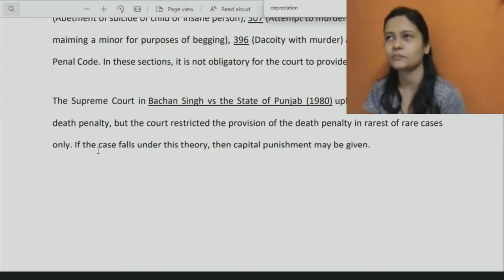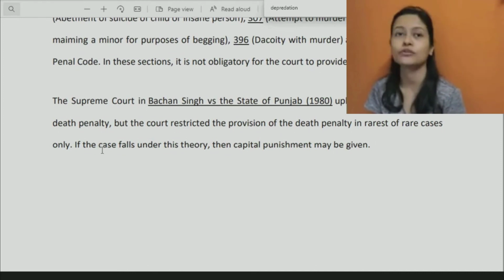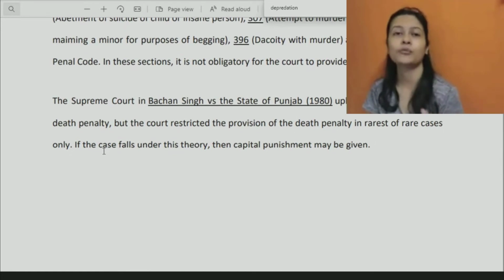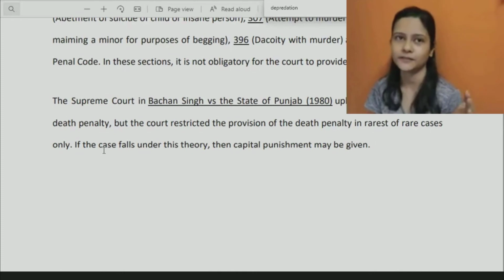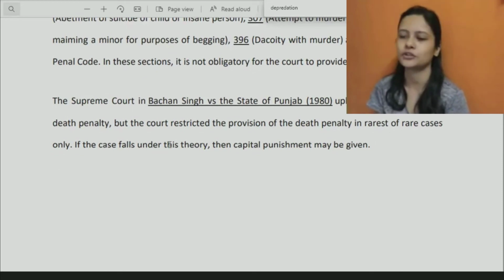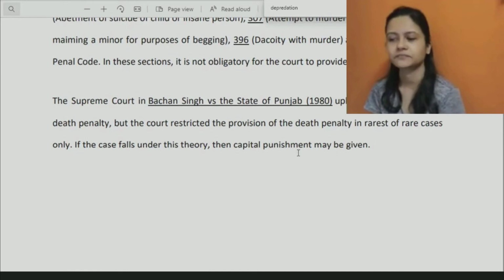It should not be that in any case of murder, death penalty is given. A person should be given opportunities to reform himself. Like we said, what is the aim of providing punishment? Reformation is on the topmost priority. So in the rarest of rare cases, where it might not be justified to give other punishments, there only we should be giving the death sentence. So capital punishment may accordingly be given.